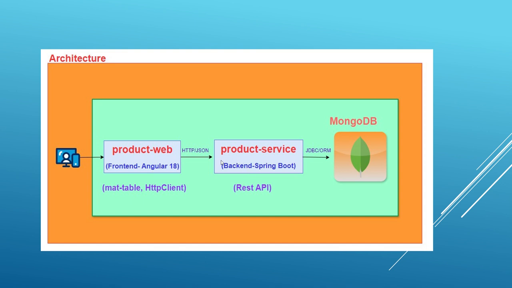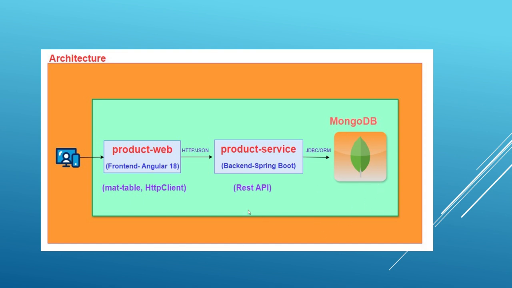On the backend side, we are going to create our product service using Spring Boot, and in that we are going to implement all the CRUD operations using REST API, and we are going to configure our MongoDB database properties in our Spring Boot application so that we can connect with the MongoDB database. To create the database and collections on the MongoDB side, we are going to use MongoDB Compass user interface.